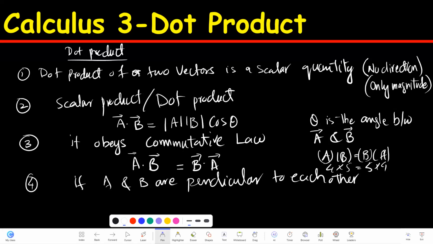Is there anything common between the two in terms of direction? No. If two vectors are perpendicular, there is nothing in common between the two, interaction wise. Not really.